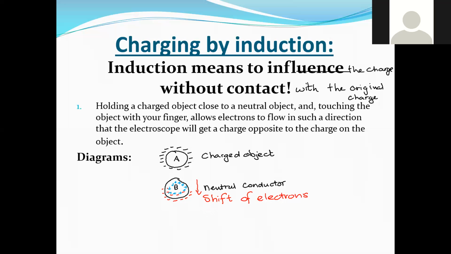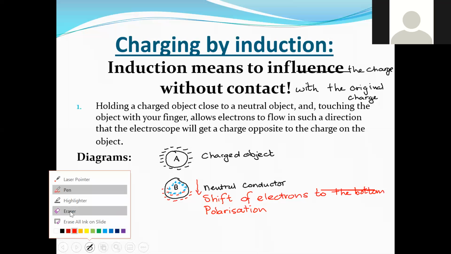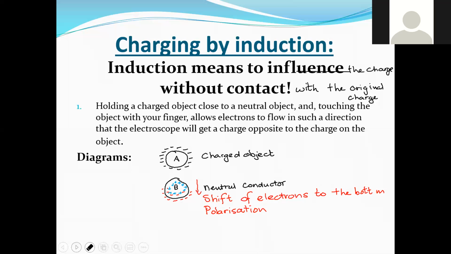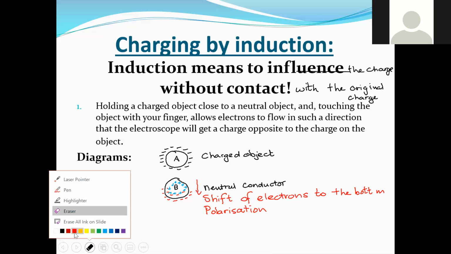And this shift of electrons to the bottom doesn't give B a charge. It remains neutral because for every positive there's a negative. But it is called polarization. So polarization of B has taken place. Are you still with me?